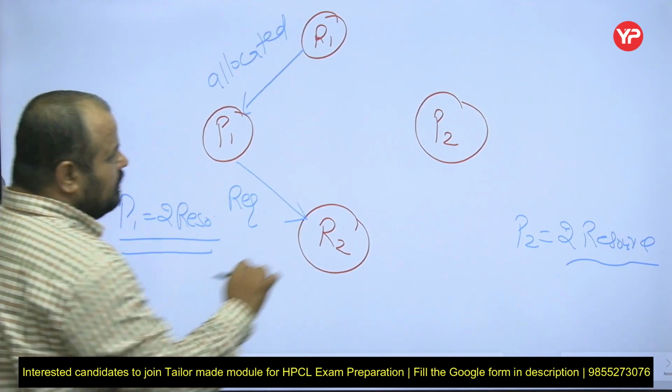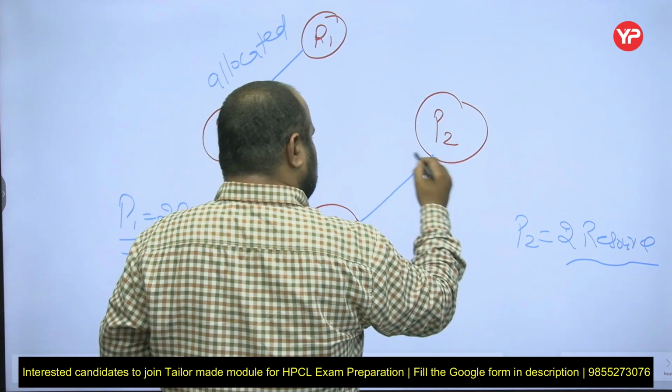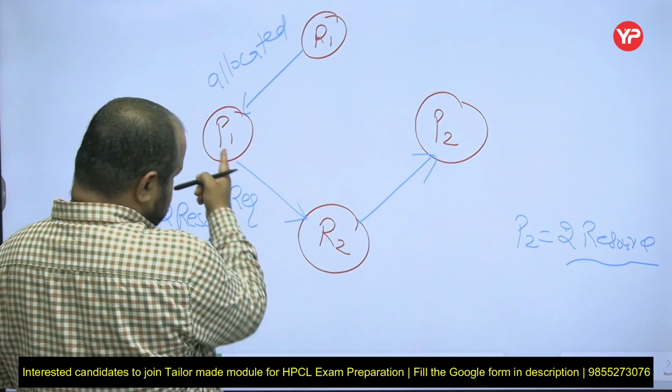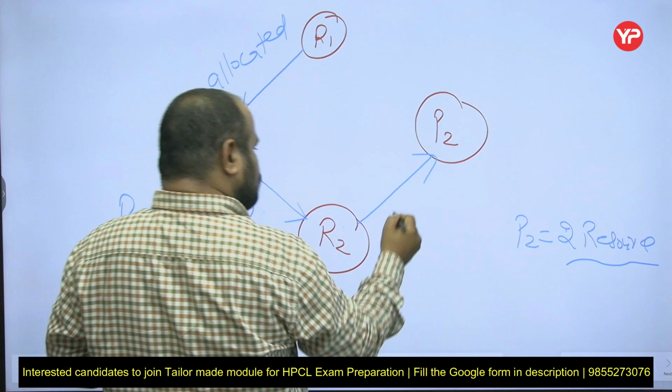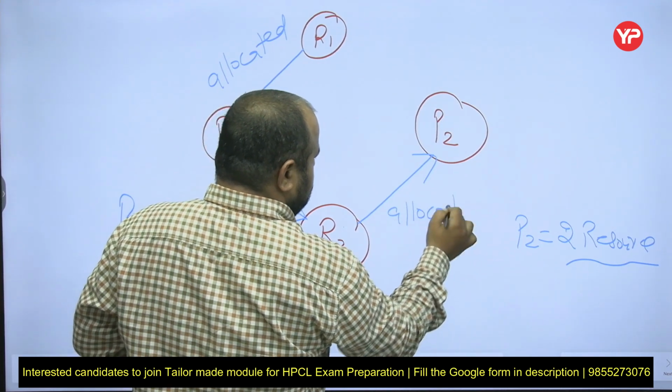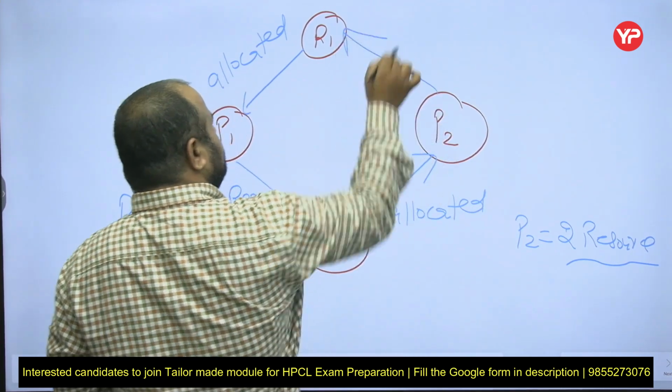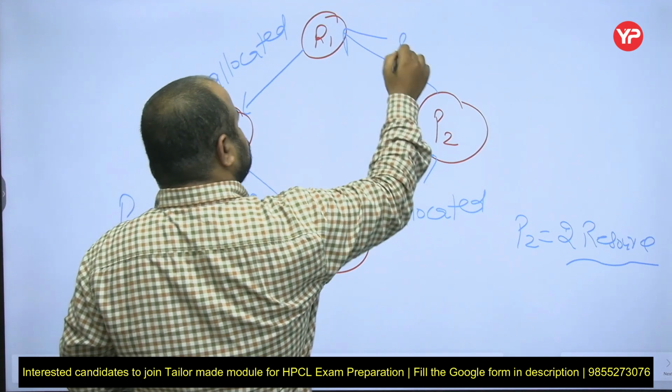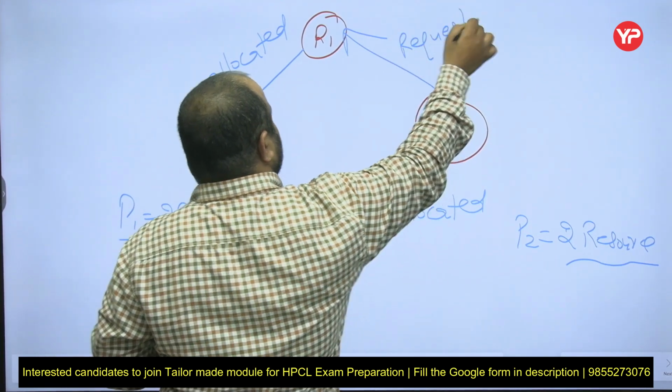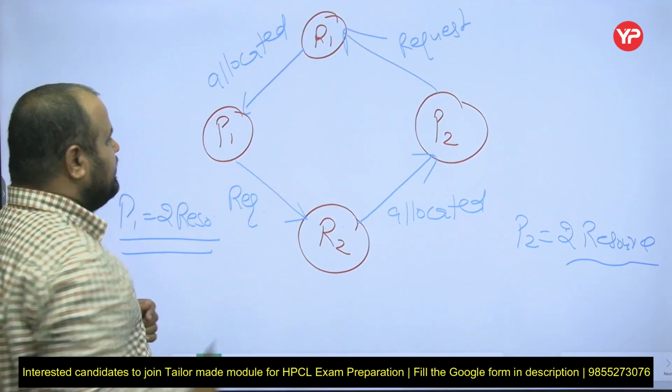Fine. Now R2 is being requested by P1, but R2 is already allocated to P2, and P2 requests R1 because R1 is already allocated to P1.